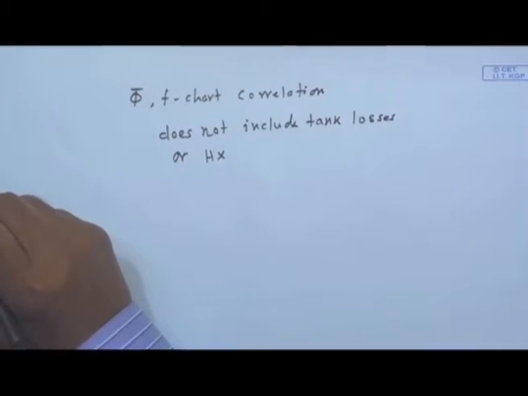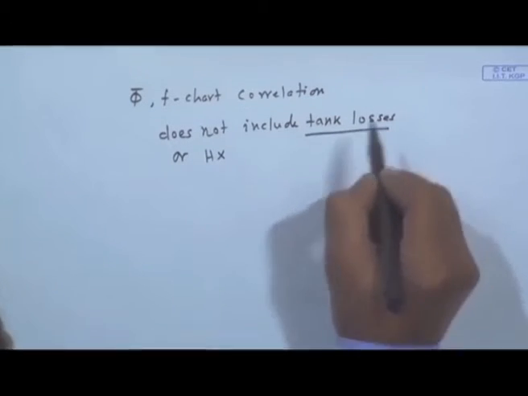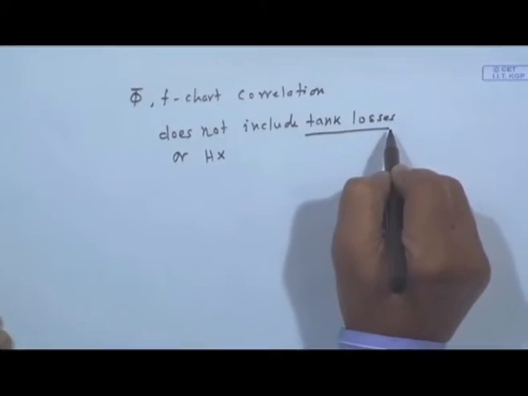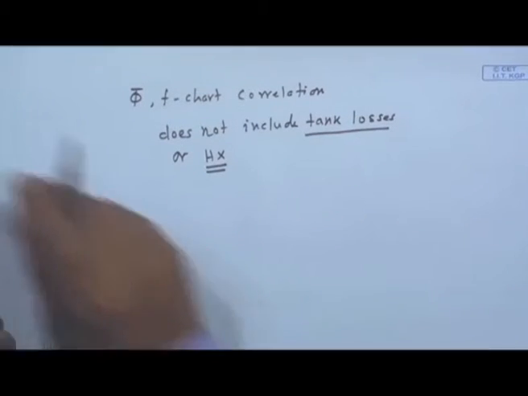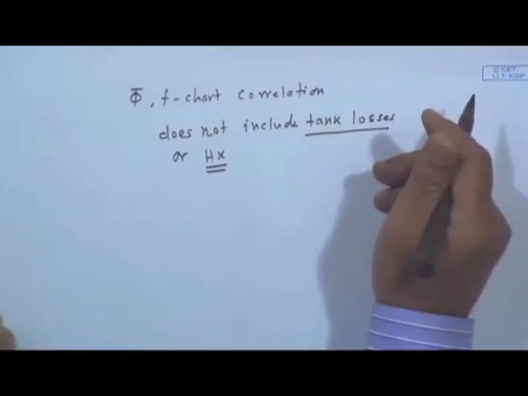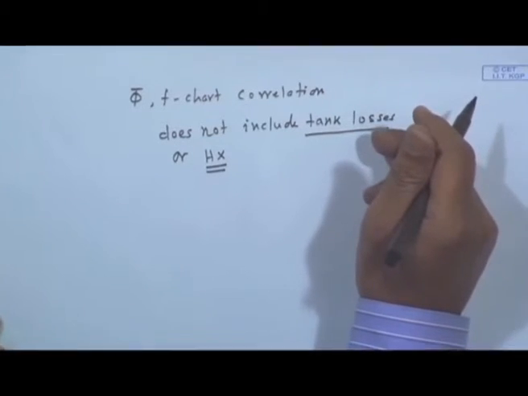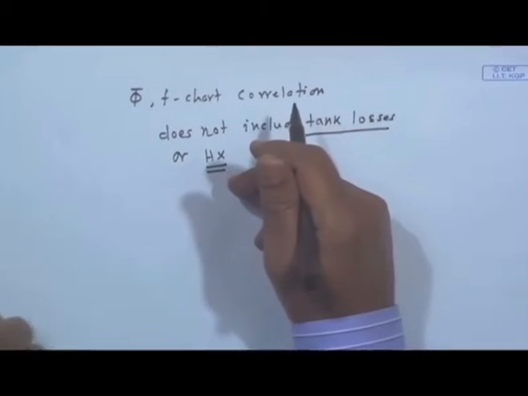So, that is valid assuming tank losses to be 0 or an infinitely large heat exchanger. So, we have devised iterative schemes to take into account the tank losses and the heat exchanger.